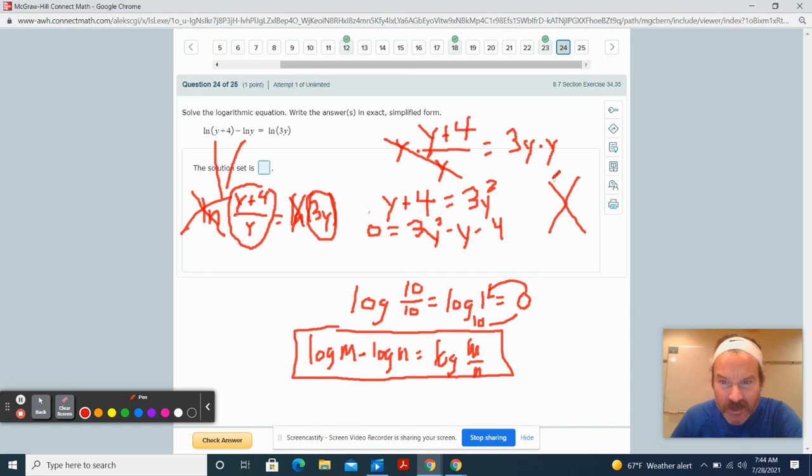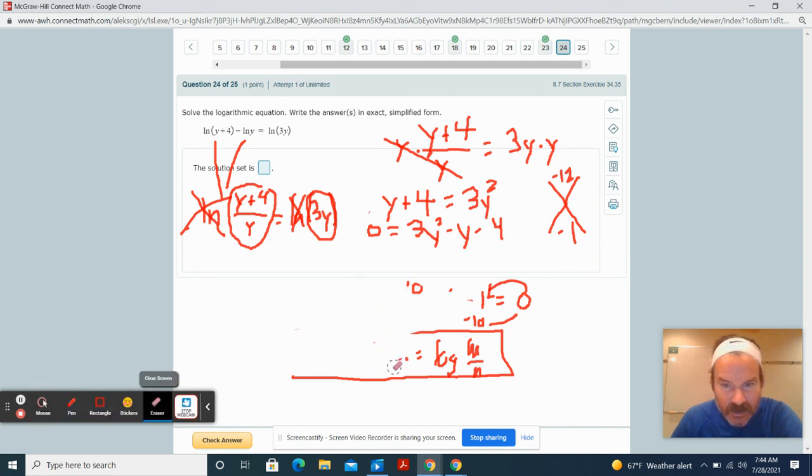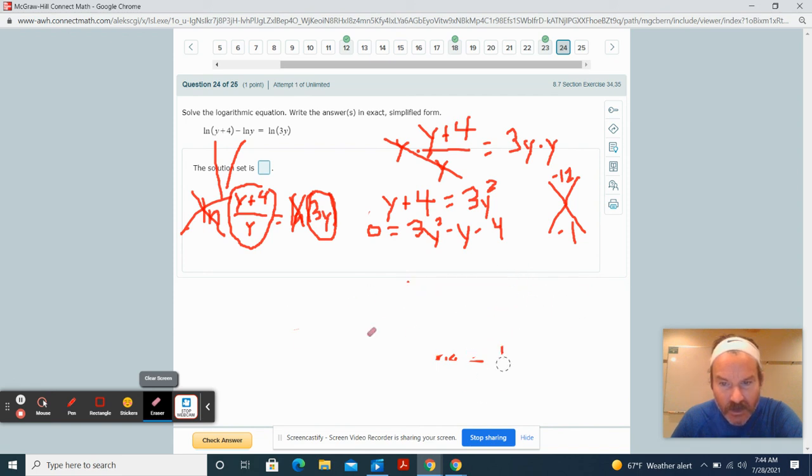We do 3 times negative 4 is negative 12 and negative 1. Okay, let me get some room here and just erase this part here because we use that property already. Okay, so this is going back a couple chapters. We're now solving a quadratic equation that resulted from our log equation.